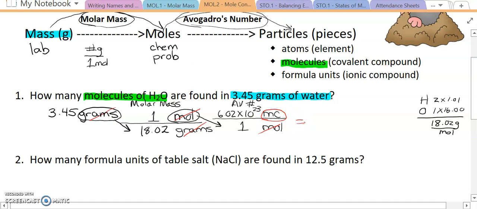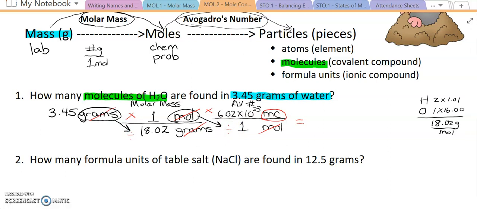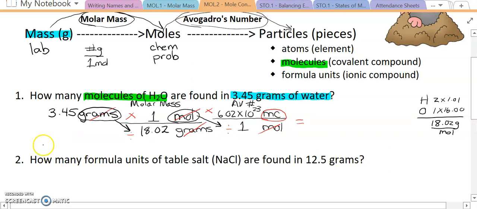Now this looks intimidating, but not for your calculator. Anything on top is going to be multiplied by. Anything on the bottom is going to be divided by. And it really doesn't matter the order, but when I put this in my calculator, I'm going to take 3.45.